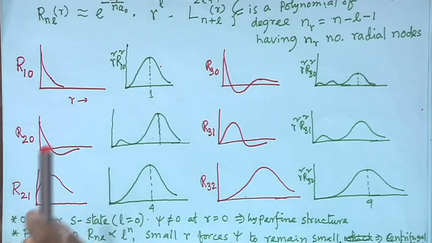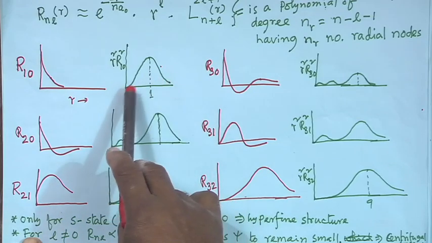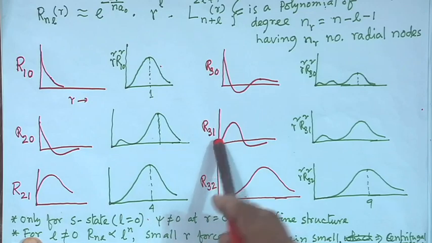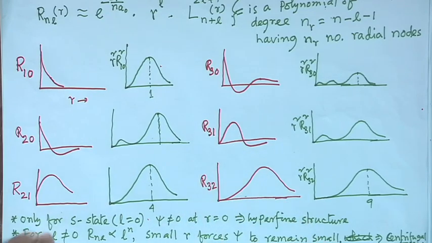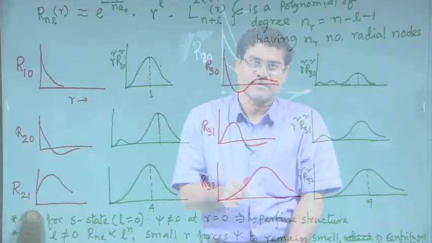For other values of L, the probability to find the electron at r equal to 0 is 0. r equal to 0 means the nuclear position.